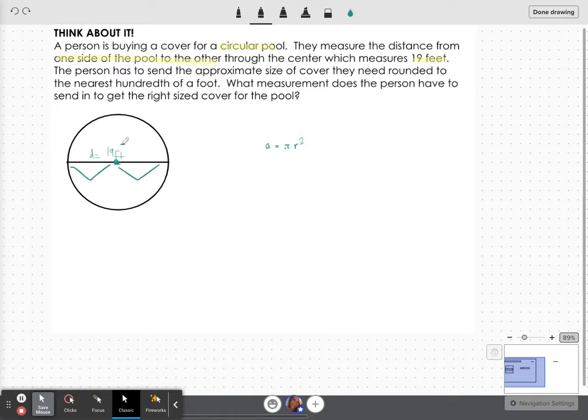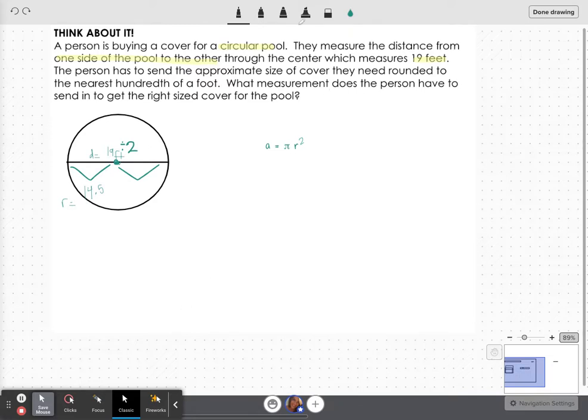I can divide 19 by 2 in order to get the radius here. And I know that 19 divided by 2 is going to give me 14 and a half, or 14 and 5 tenths. So I know that my radius r is 14 and 5 tenths.